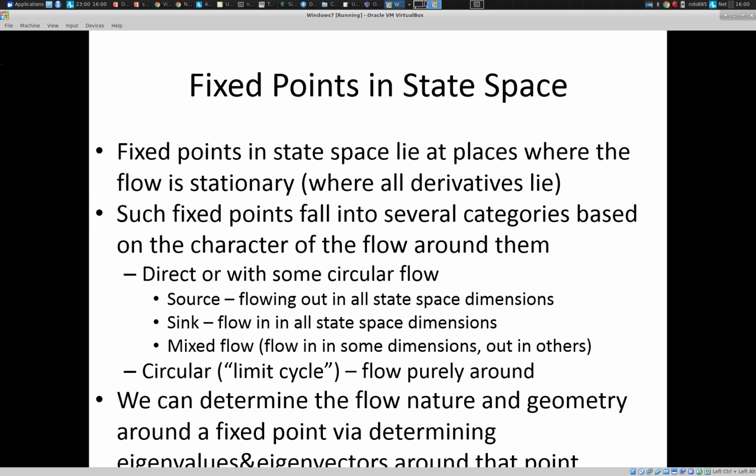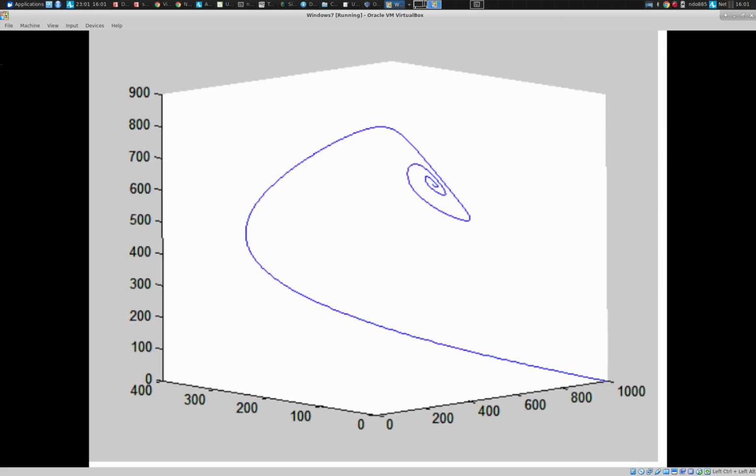With a stochastic system, it's more complicated, and I'll show you some examples of things like that. Okay, a feature that's really interesting in state space is the so-called fixed points, points where the system's in balance, either totally in balance or it sort of moves around. These are often associated with stable areas of the system, areas towards which it gravitates. Recognizing them in state space is fairly straightforward. Where do you think a fixed point would be here?